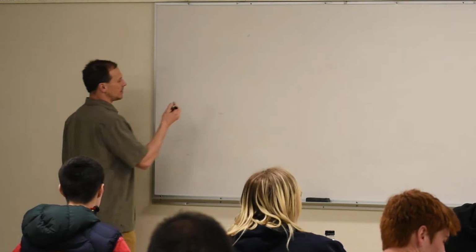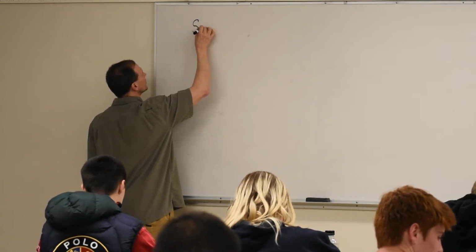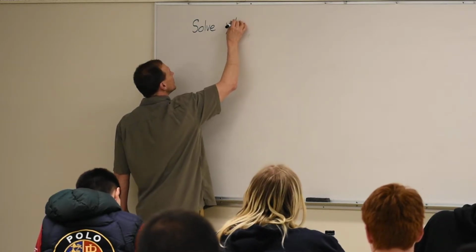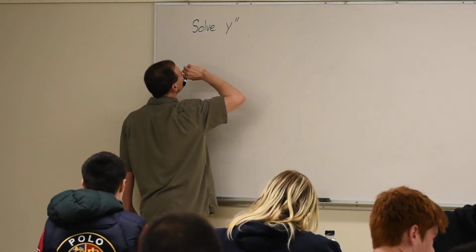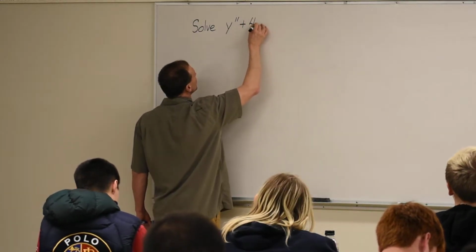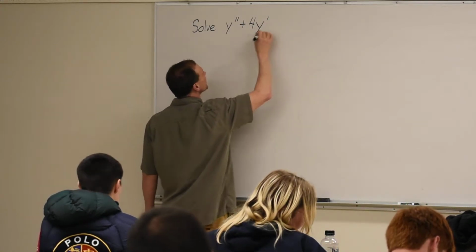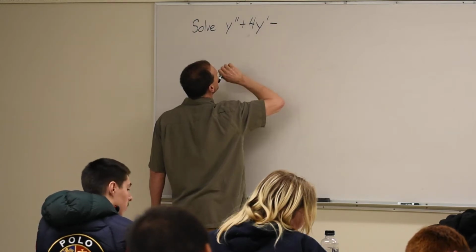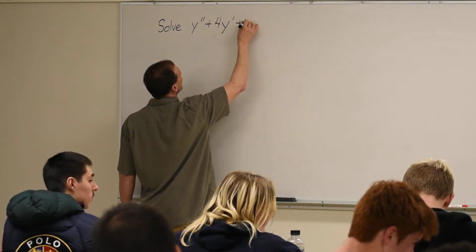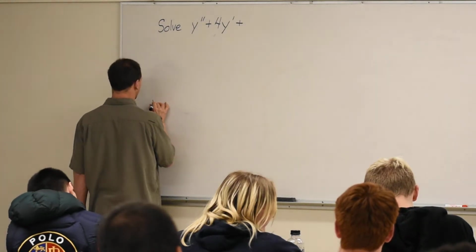Okay, so let's try this. We're going to solve the differential equation y double prime plus 4 y prime plus 5y equals 0. Hang on, don't write that yet, I have to double check.